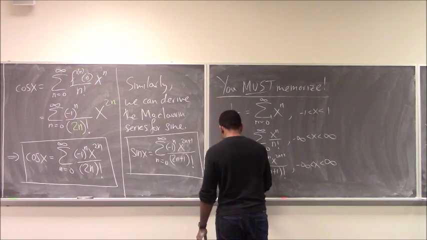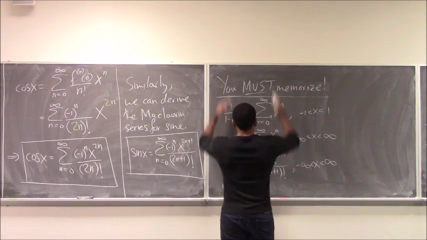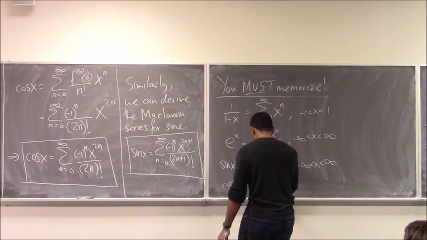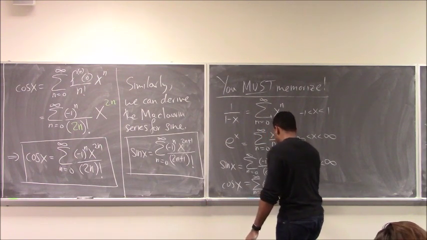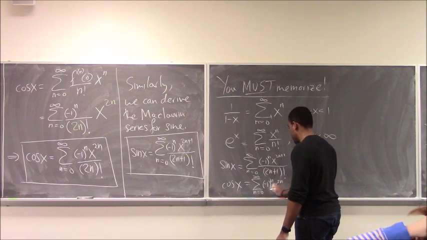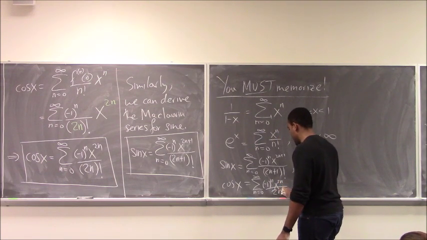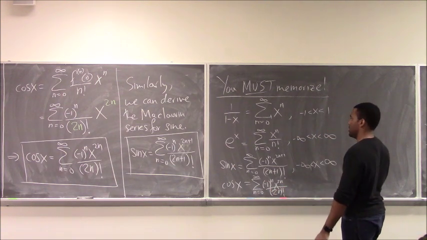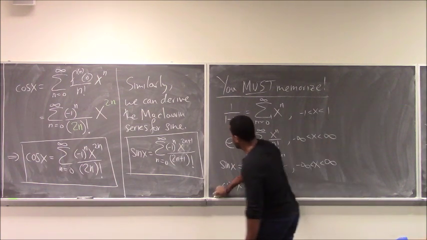Similarly, the cosine, should have started this up a little bit higher, is minus 1 to the n, x to the 2n over 2n factorial, where the 2n should be in parentheses. So these you have to know.